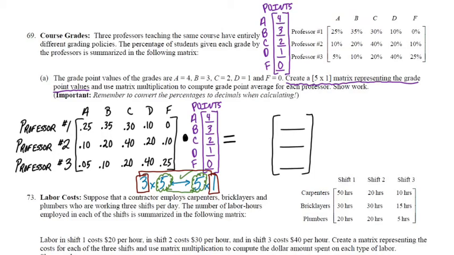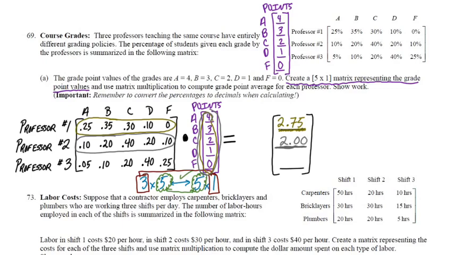When we multiply here, if I color code in gold, the first entry is row 1 for Professor 1 times the grade points, and then you add those up, and we get 2.75 for the first entry. Let's go to Professor 2 for our second entry, color coded in gray. Professor 2's grade distribution times the points, add those up, and we get 2.0.